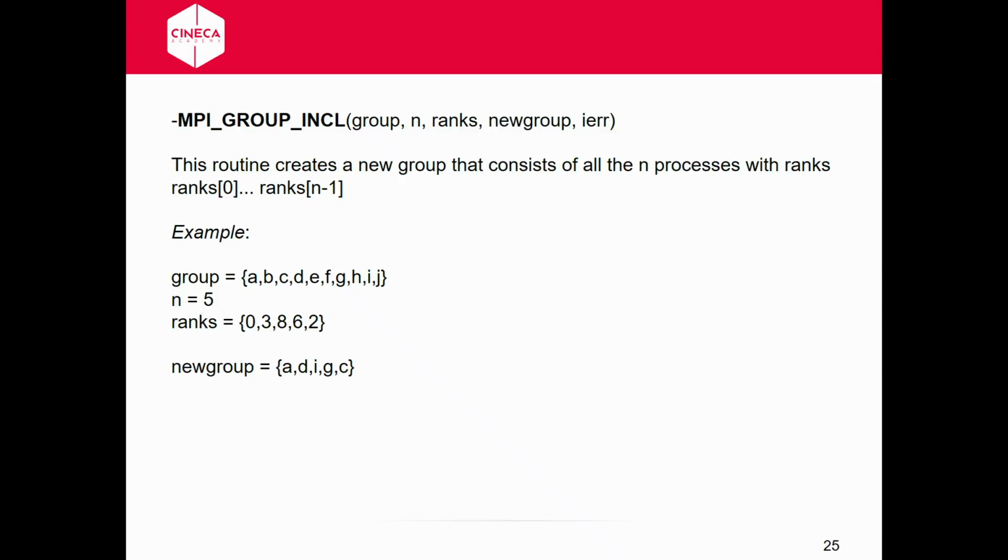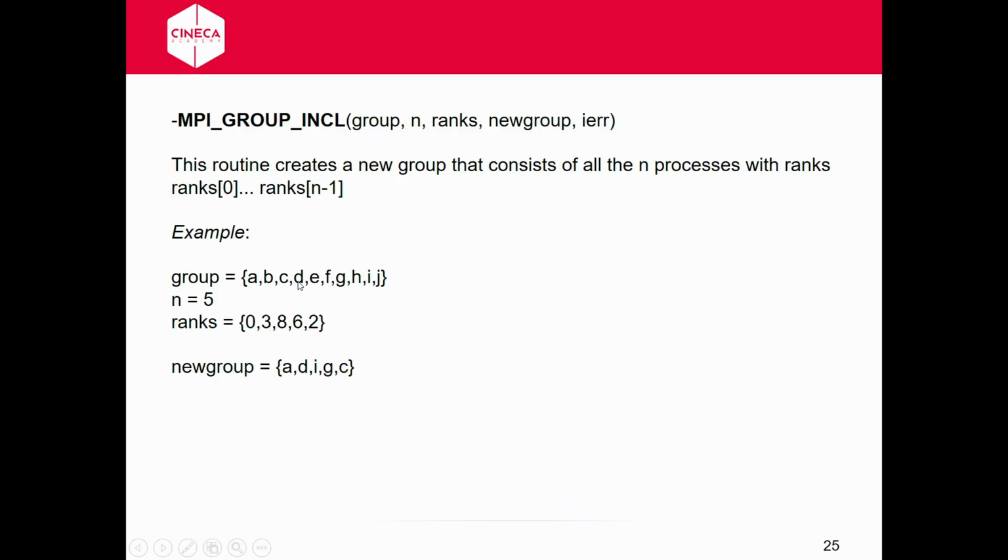We have to use this command, and using this command we will obtain a new group that includes A as first element, D as second element, because here D is ranked as 3.